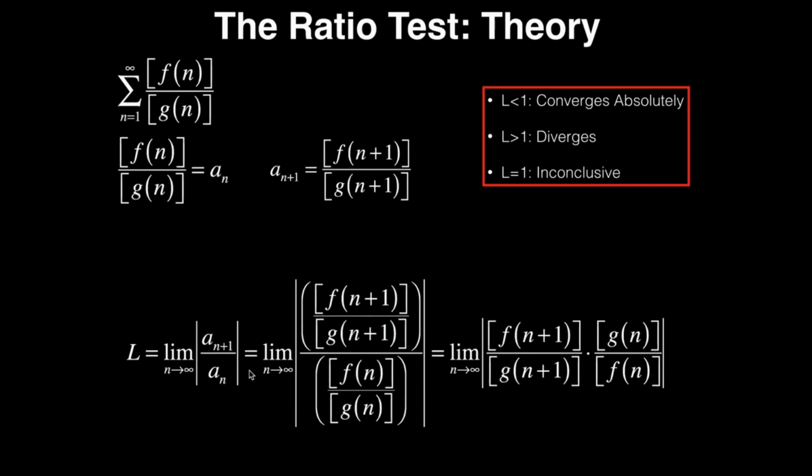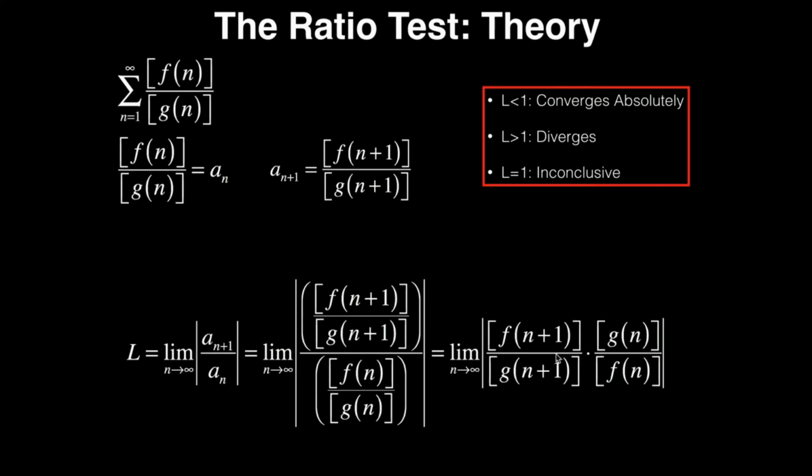In the context of this example, a sub n plus 1 goes in the numerator: f of n plus 1 over g of n plus 1. Then we divide by a sub n, which is f of n over g of n in the denominator.